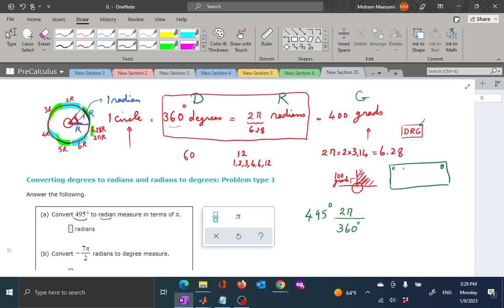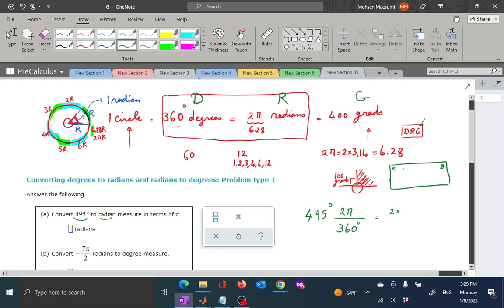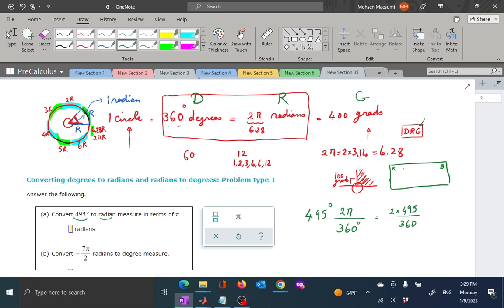And then sometimes perhaps you want to simplify this. Maybe sometimes there is no point in simplification. So for example here, let's write the numbers. 2 times 495 over 360, times pi. In this problem the calculator is not provided and you are supposed to do this by hand. So we notice numerator and denominator are divisible by 9. So I divide by 9, so it becomes 40. This is easy. Here I have 55, is that right? 55, that's good.